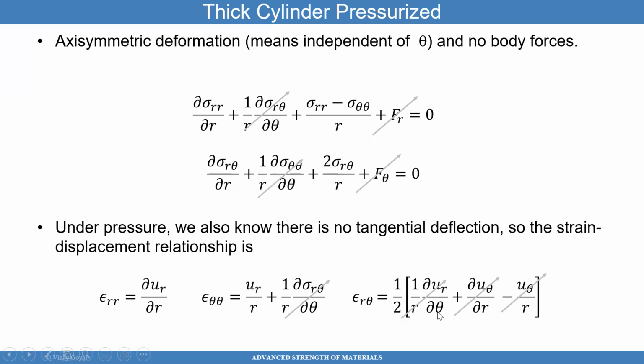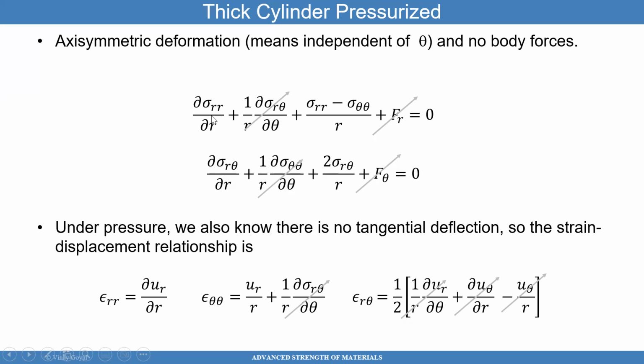The partial with respect to theta is 0. U sub theta is 0 because we don't have any deflections circumferentially. And so there's no shear strain. You can see that there. And if there's no shear strain, because the shear stress is equal to the shear modulus times the shear strain, then there's also no shear stress. And the third equation just completely goes away. It doesn't even come into the picture.